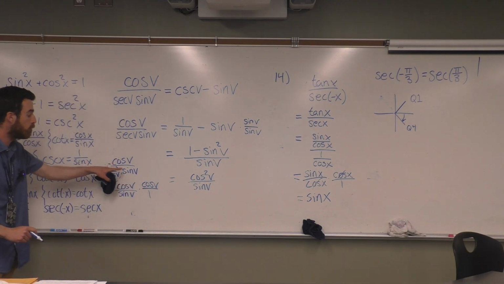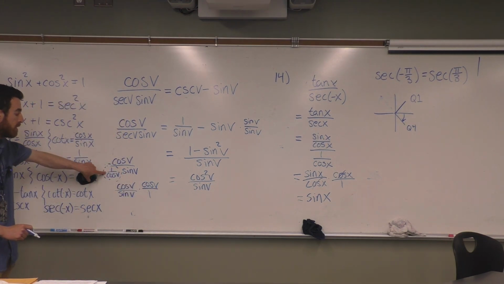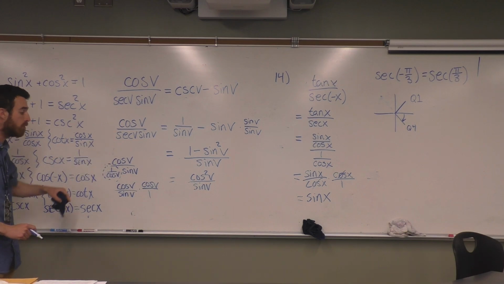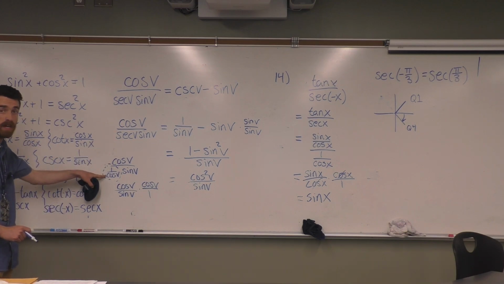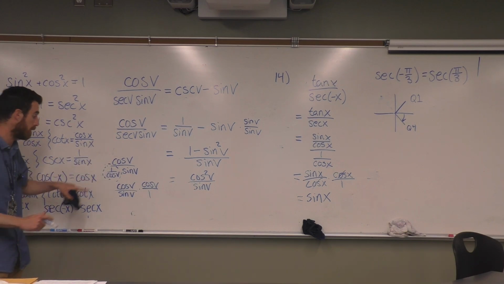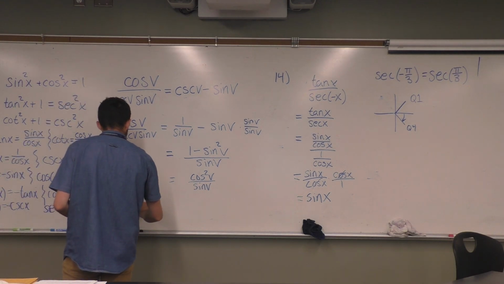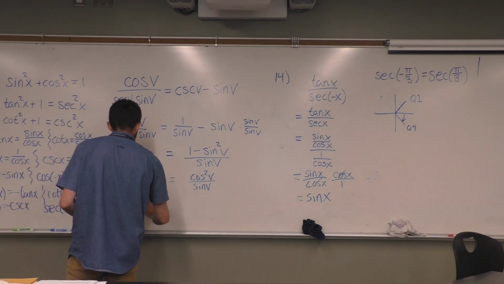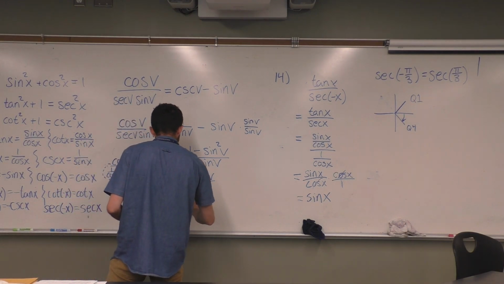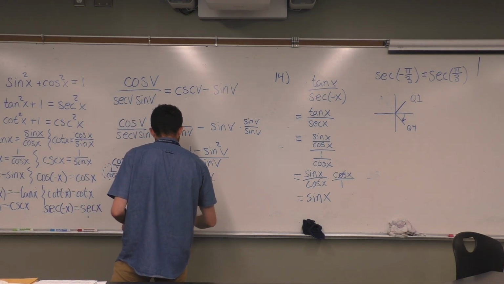I've kept the other two parts of the fraction the same. This 1 over cosine goes to the denominator, even if you think about it as a negative exponent, maybe. And so I get cosine squared of v over sine of v, which is equal to cosine squared of v over sine of v.